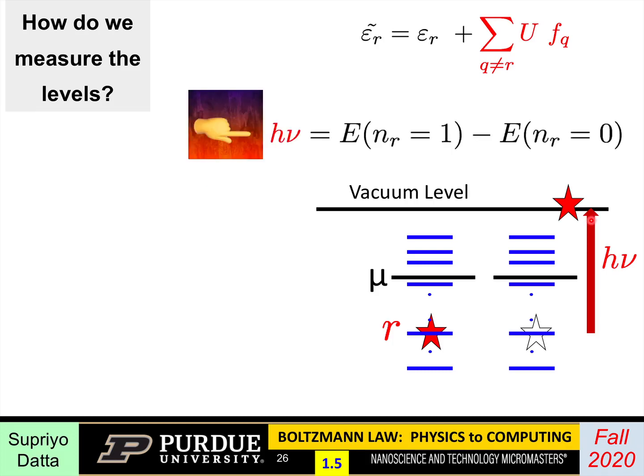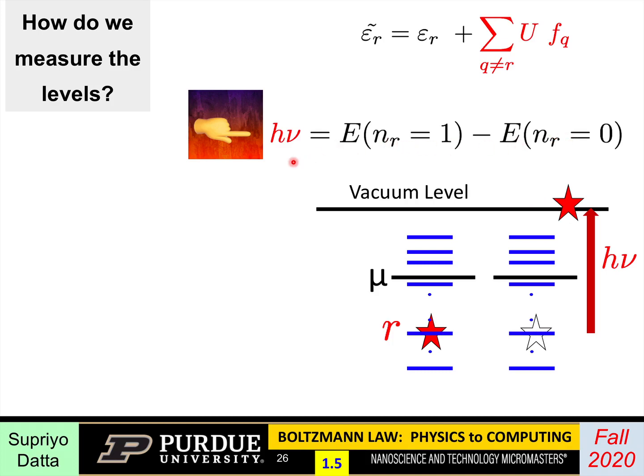Now, what will be the photon energy? Well, the photon energy that we'll need will be the difference in the energy between this configuration and this configuration, where they are basically identical, except that in one case the rth level is filled, in the other case the rth level is empty.